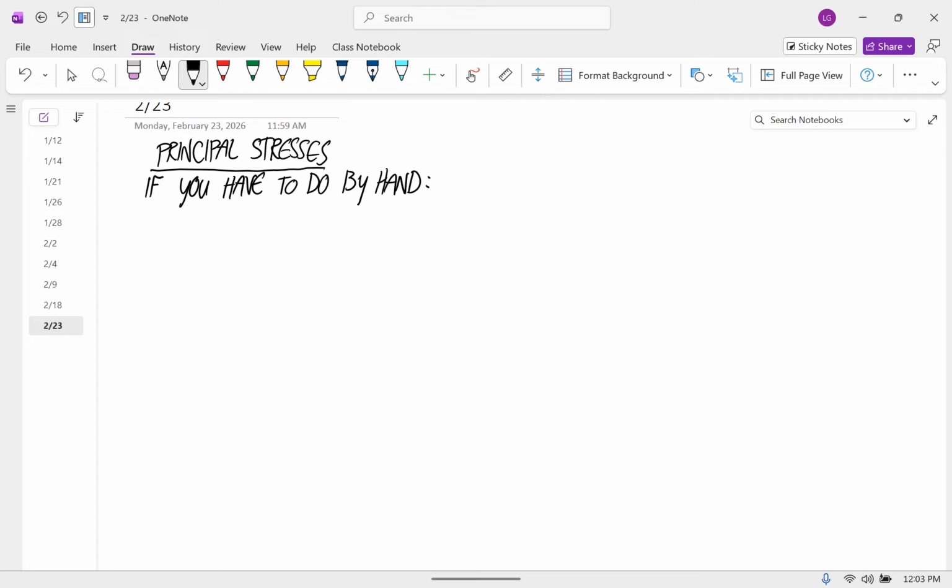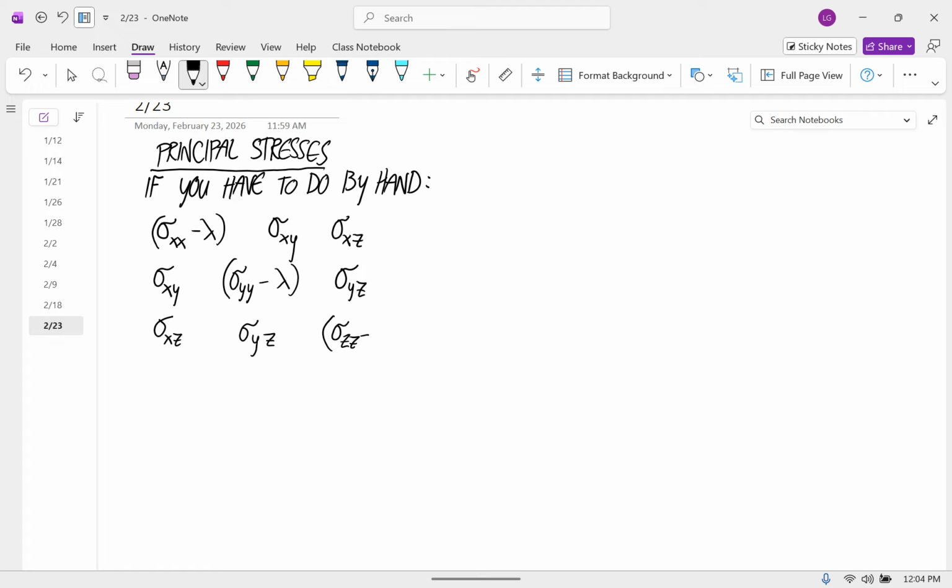Remember, the way that you do that is you have this matrix, and you take the determinant of that and set it equal to 0.